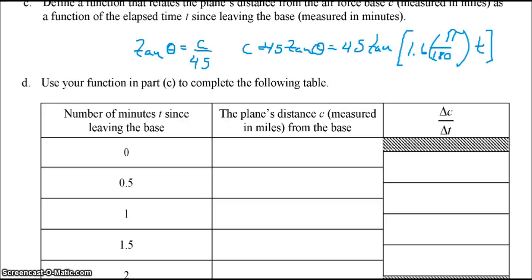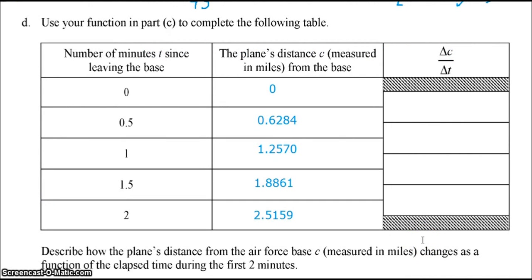And tangent of 0 is 0. Since I've converted this to radians, you have to make sure your calculator's in radians. If you just use 1.6t, then your calculator can be in degrees and it'll still work. So I'm going to go ahead and fill this table in.